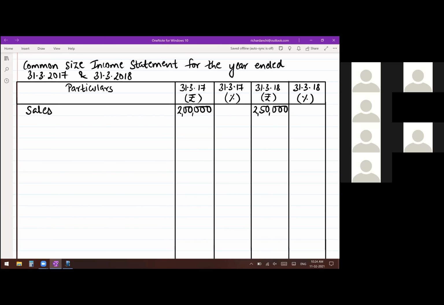From that, you will minus cost of goods sold. So write down less cost of goods sold. One lakh 50 and 1,70,000.